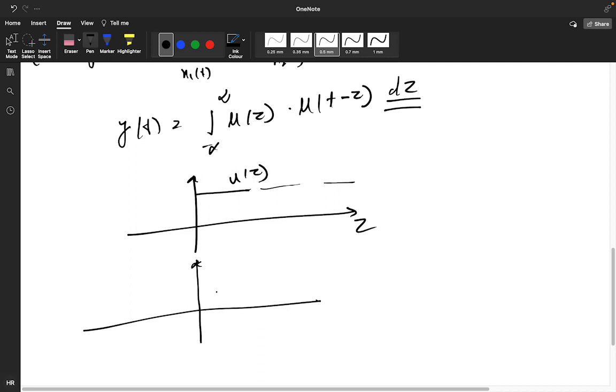Tau plus t means it's starting from here. So it's minus t. I'm shifting this signal, so I am getting the signal. The function is tau here.